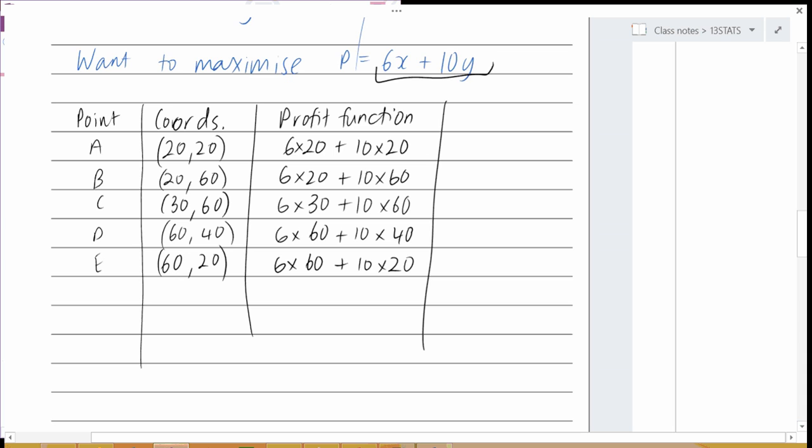Okay, so we want to put all of those into our calculator and work out what we get for each.